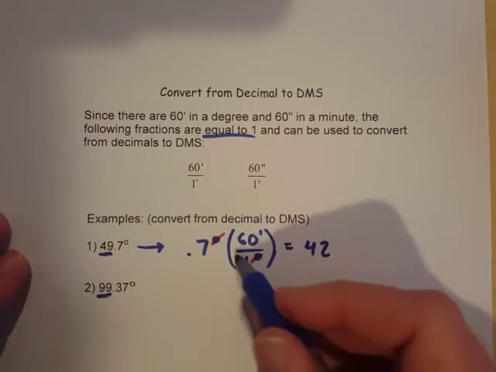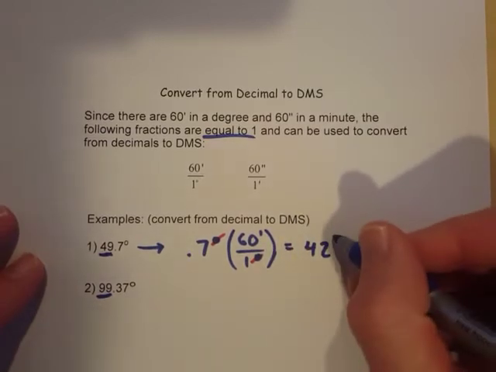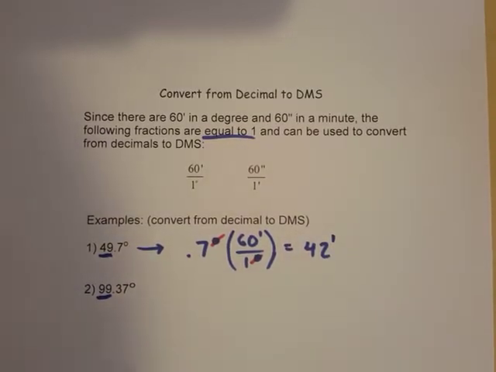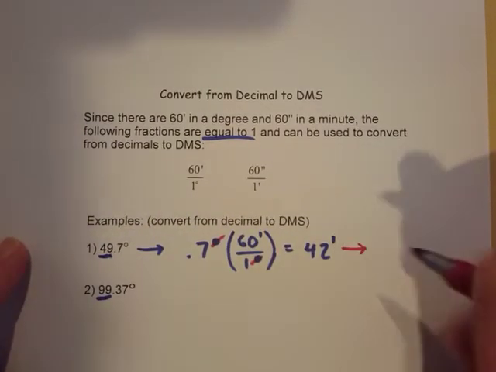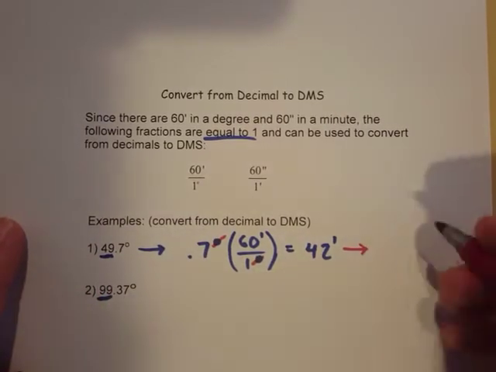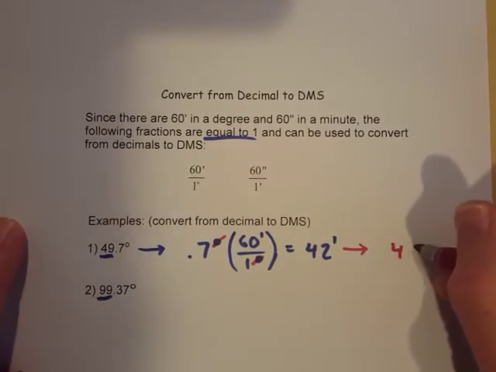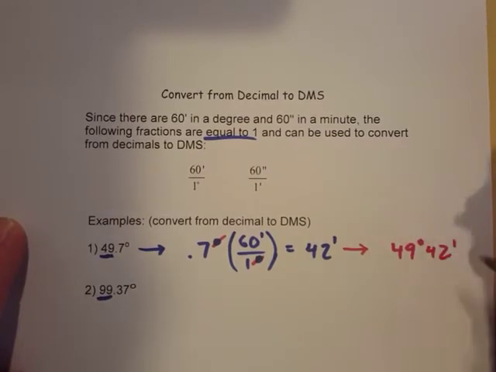Now, since we canceled out degrees and minutes are the unit that's left, that means 42 minutes. So overall in this problem, our answer to convert this to degrees, minutes, seconds is we take the 49 degrees, the 42 minutes, and we just put that as one expression. So 49 degrees, 42 minutes.